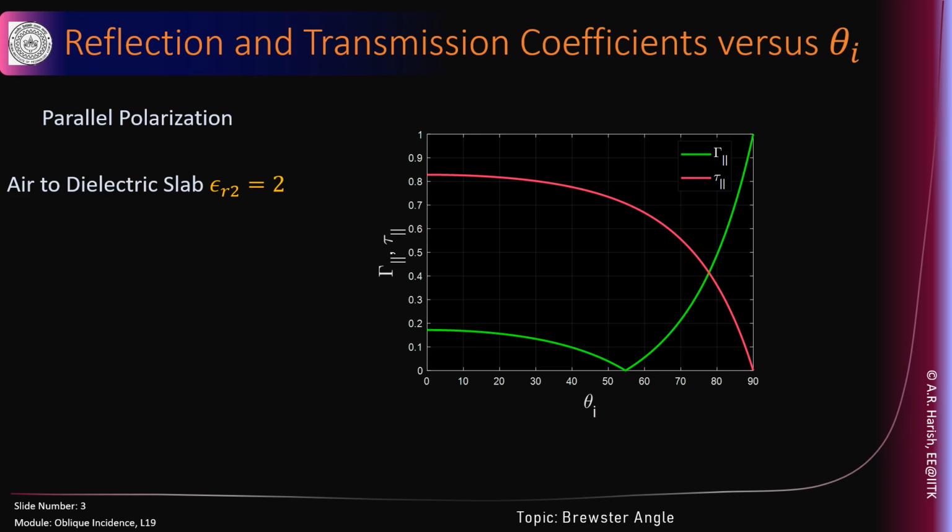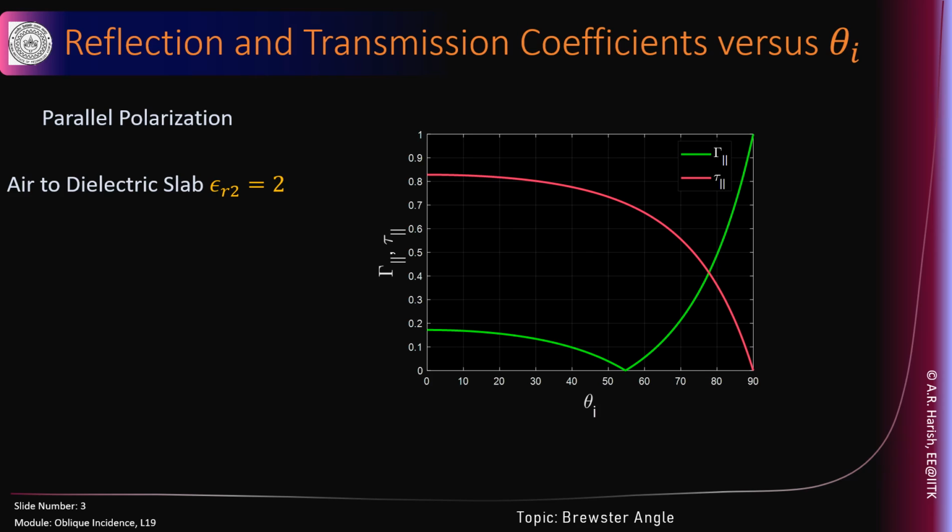What this picture shows is gamma parallel and tau parallel as a function of the incident angle theta I. If you see the transmission coefficient, as theta I increases from 0 to 90 degrees, it monotonically decreases. Whereas the reflection coefficient is very interesting. First it decreases, touches 0 at a particular angle, and then it starts increasing and goes to 1 when theta is equal to 90 degrees.